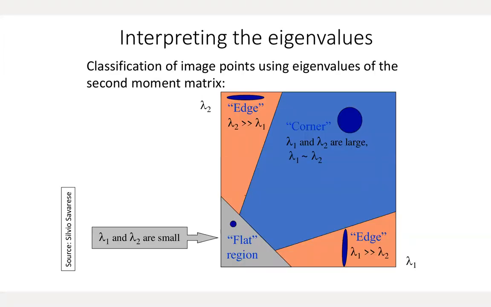Remember this picture? When both eigenvalues are big, it corresponds to places that are a corner. If one eigenvalue is much bigger than the other, it corresponds to an edge. If both eigenvalues are small, it corresponds to a flat region.